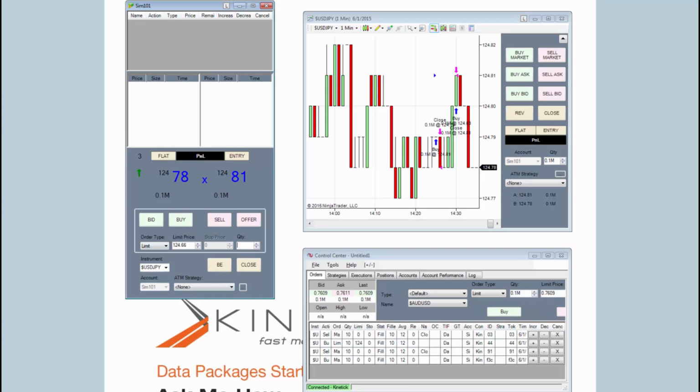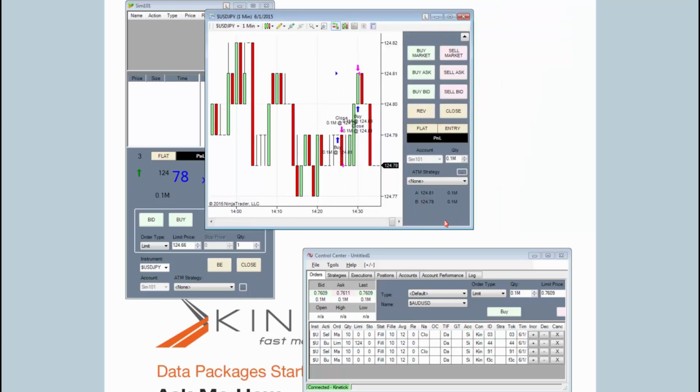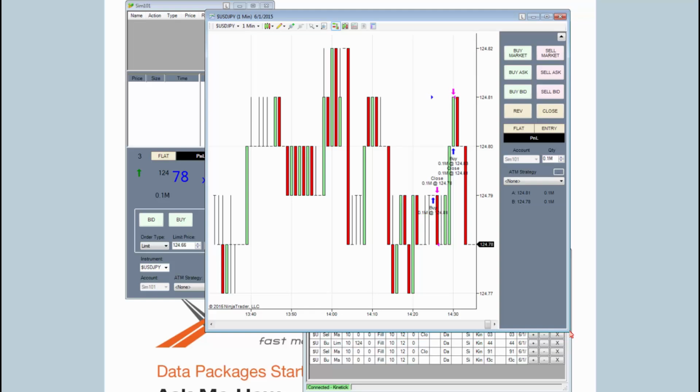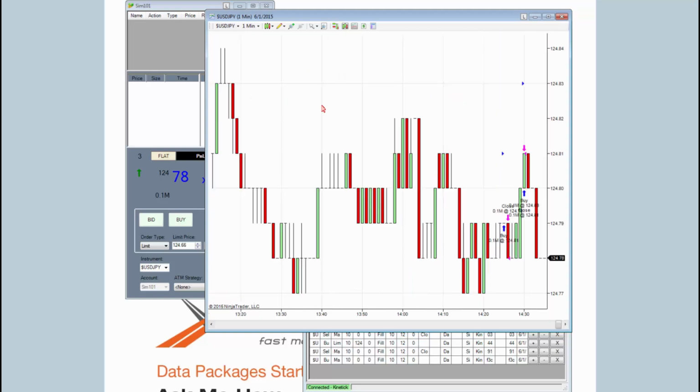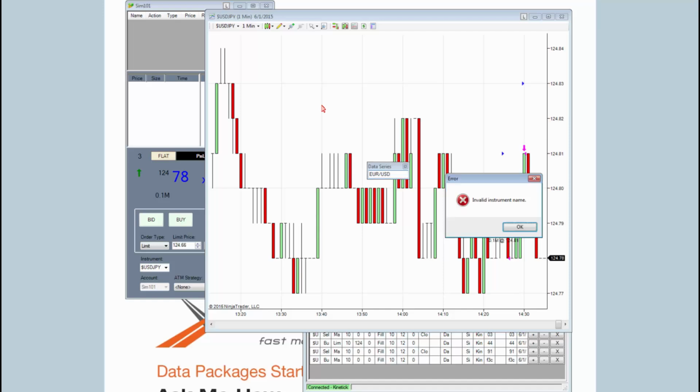Okay, so let's talk a little bit about symbol notation now. You may be accustomed, when you trade in other platforms, to symbol notation working something like this. Let's say we want to switch to euro dollar. It would be EUR/USD, right? Well, let's see what happens when I try to use this symbol in NinjaTrader. Pops up a little error, and it says invalid instrument name.